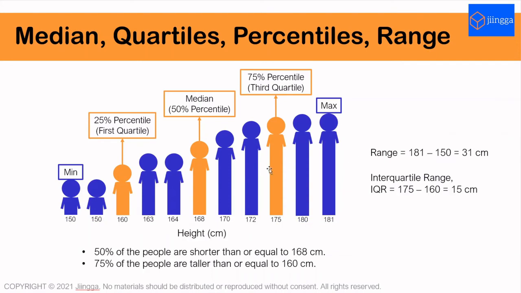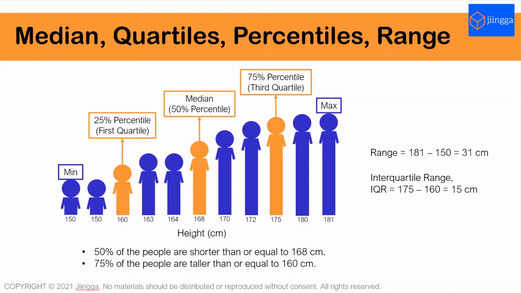The illustration here shows the height of group of people, and they are queuing up in an ascending order. The shortest one is at the leftmost position, while the tallest one is at the rightmost position. If we split the people into half, the middle person here height becomes the median.